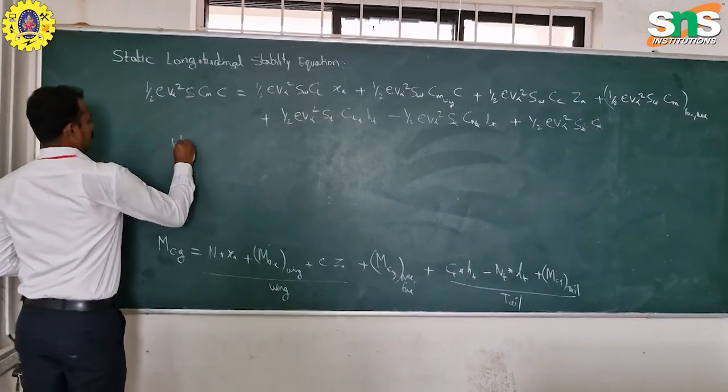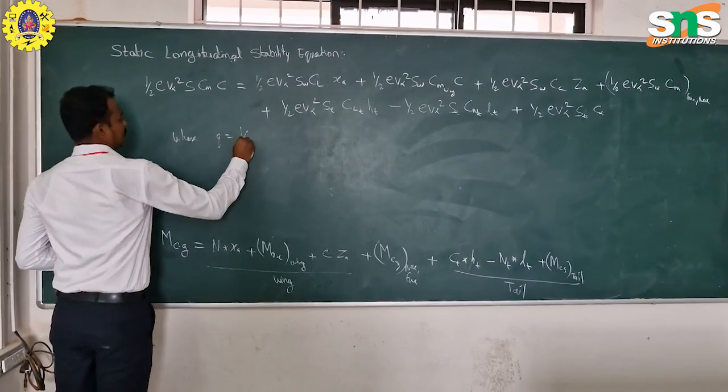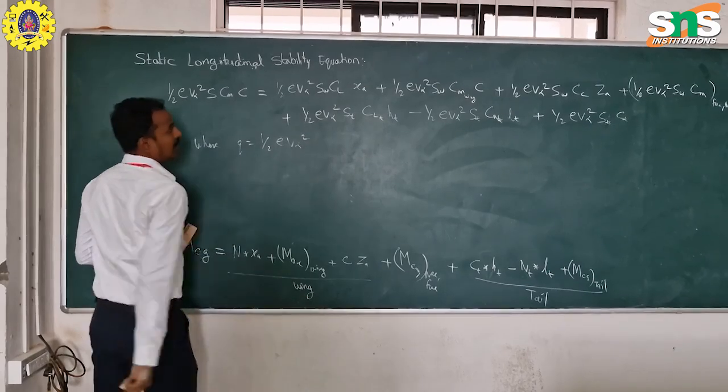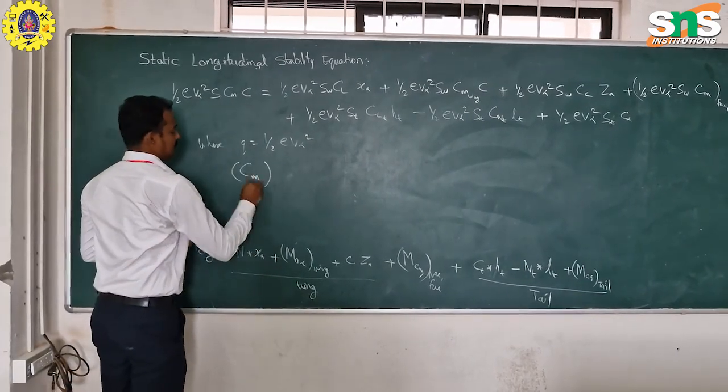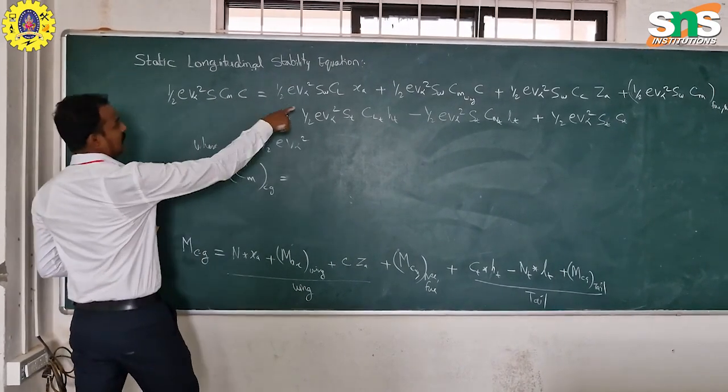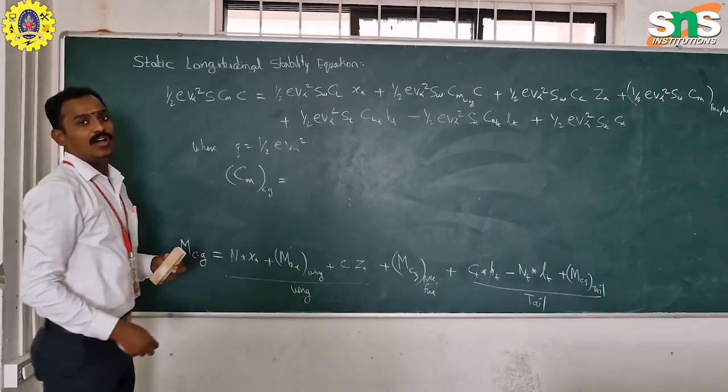Where Q equals dynamic pressure, that is half rho V squared. So now we can get the C M at the C G by removing all the dynamic pressure.